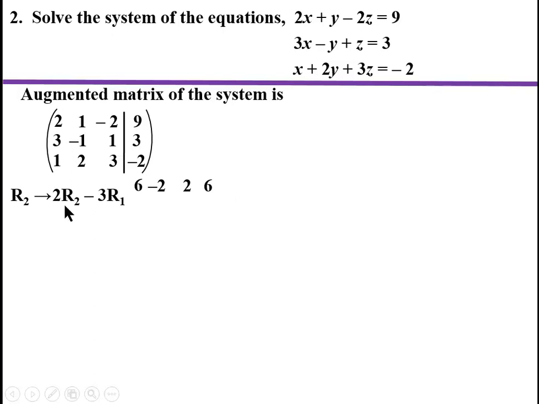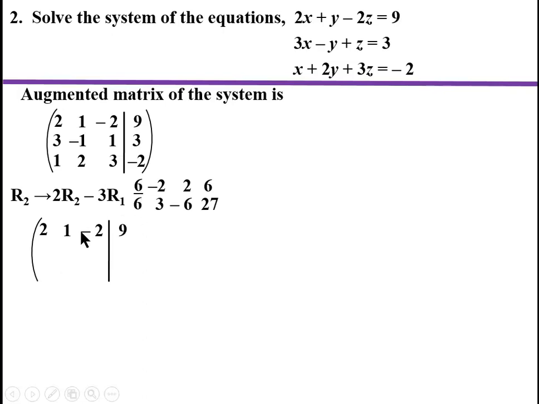And row 1 multiplied by 3: 3 times 2 gives 6, 3 times 1 gives 3, negative 2 times 3 gives negative 6, and 9 times 3 gives 27. We carry out the operation there, which is minus. In that case, we still maintain row 1, so row 2 now becomes the results obtained from the operations here.